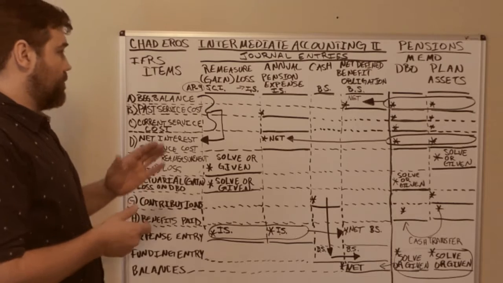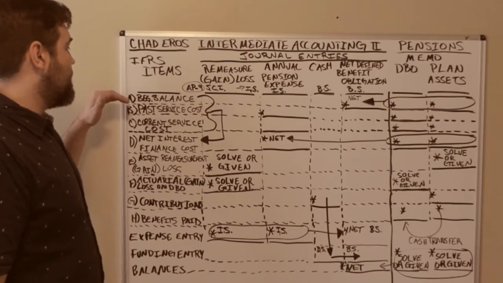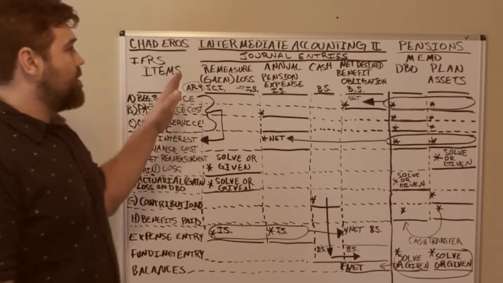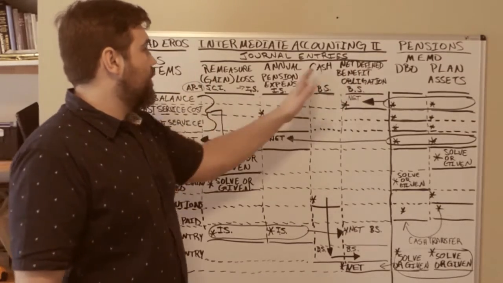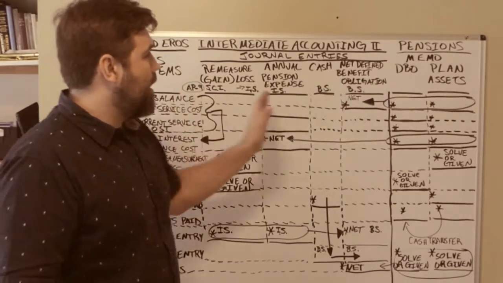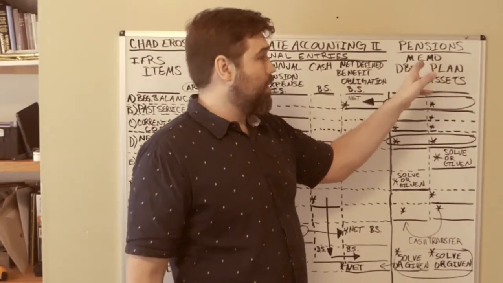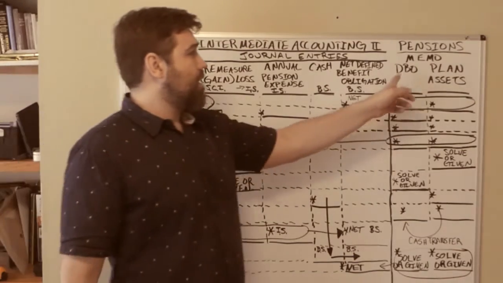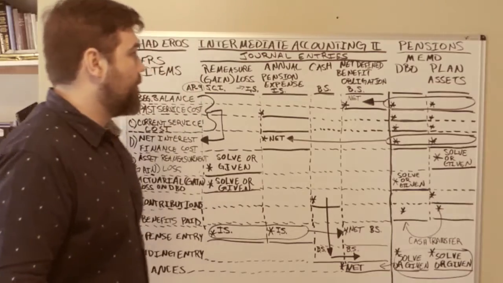Okay, so the first thing we start out with in our chart is our beginning balance. Okay, and I just want you to note here that we get our journal entries from these columns, and the last 2 columns are, the textbook says that they're a memo, okay, and it keeps track of changes to the DBO and the plan assets.